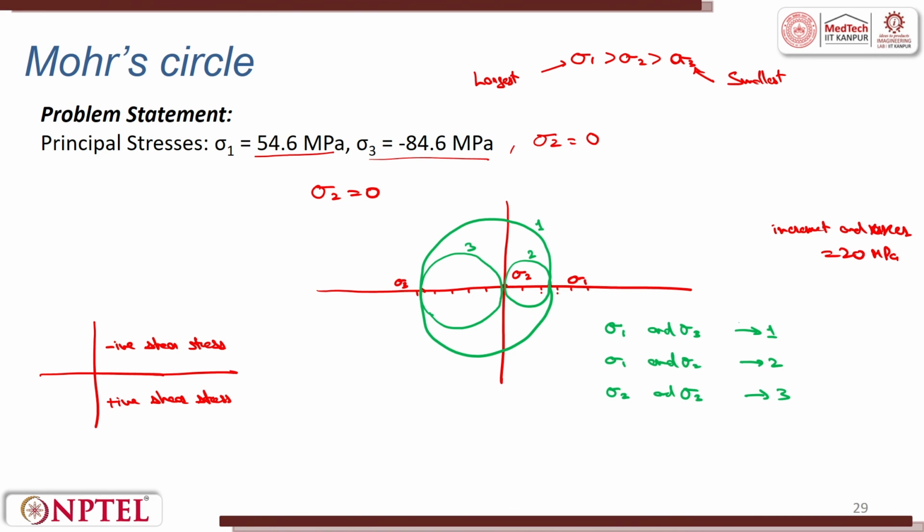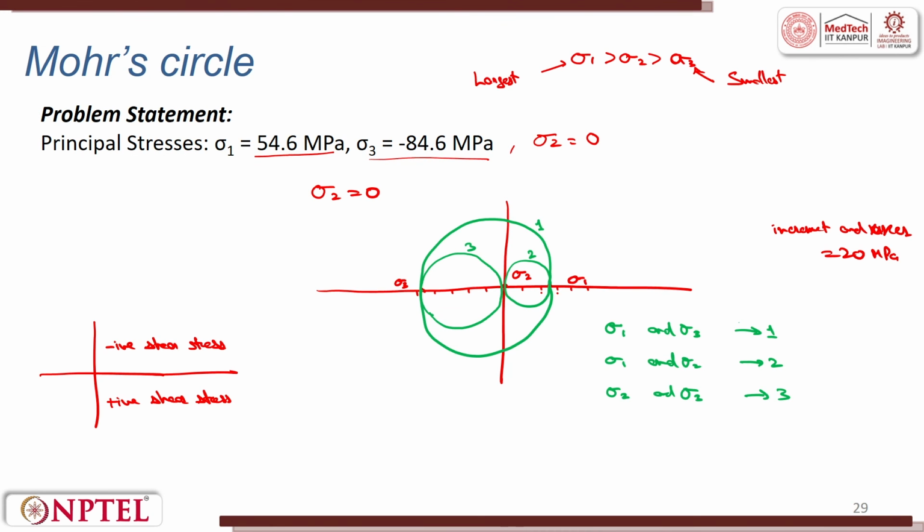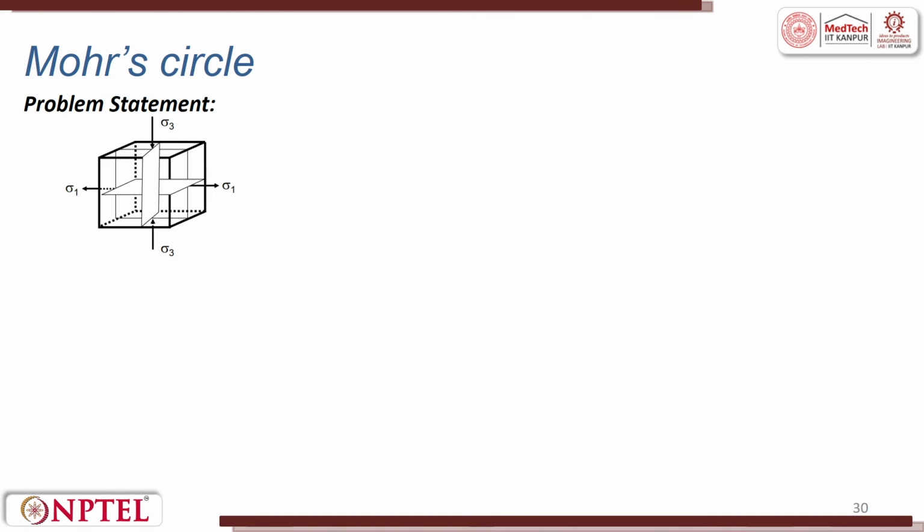Continuing this problem into a volumetric form if I wish to represent them. These are all the stresses which are given here. Only sigma 1 and sigma 3 are given here, sigma 2 is 0. This is a volumetric representation. Because this Mohr circle is already given, let me try to draw the individual two principal stresses here.